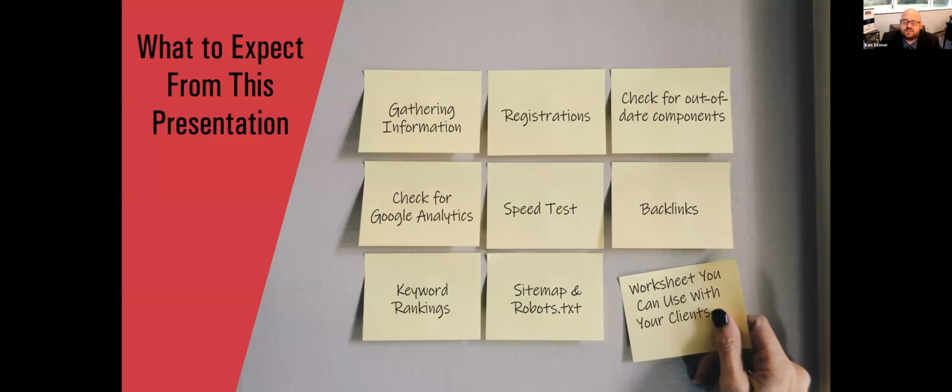We're going to check that they're using Google Analytics. We're going to run a speed test on their website. We're going to look at their backlinks and their keyword rankings. Do they have a sitemap? Do they have a robots.txt page? And then I will provide you with a worksheet that will walk you through all of this step by step, so that you can work through this with your clients. You can give it to your clients, whatever you choose to do.